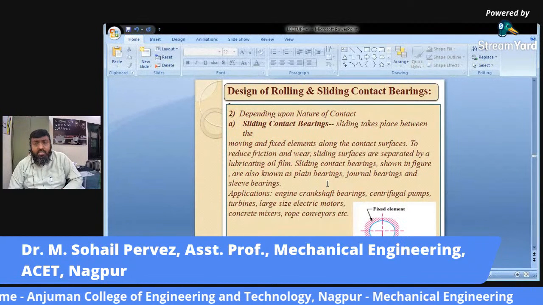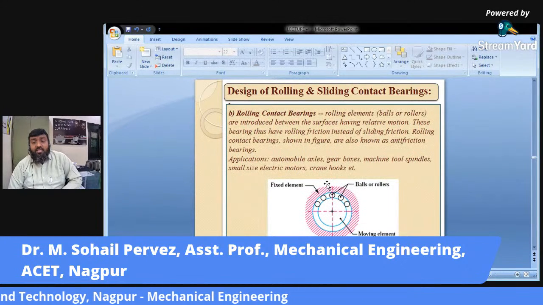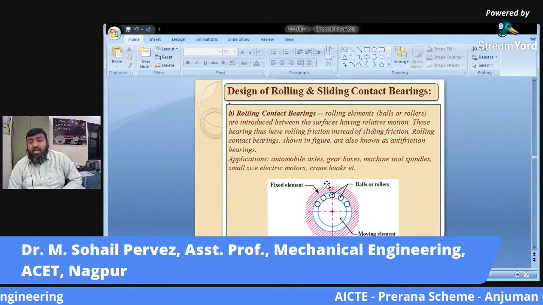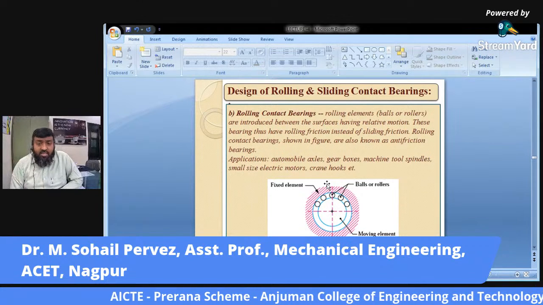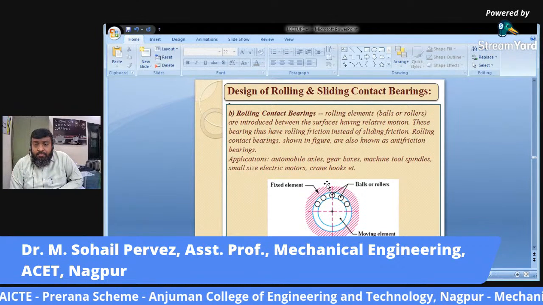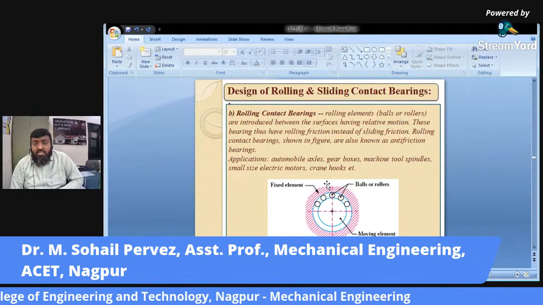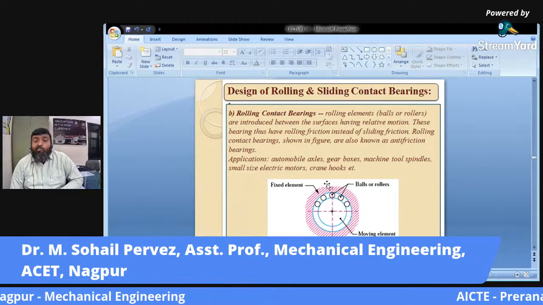These are the applications. You can see it. And rolling contact bearing. These are very familiar parts as far as mechanical engineers or the general public are concerned. These bearings are nothing but the ball bearings used in bicycles, in automobiles, in machineries, in fans. So this is a much talked about bearing.